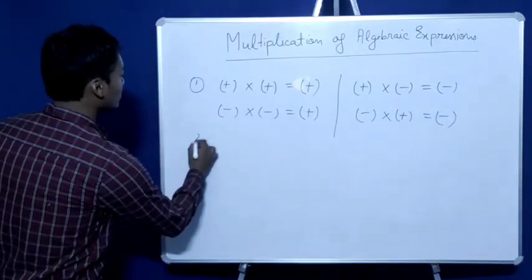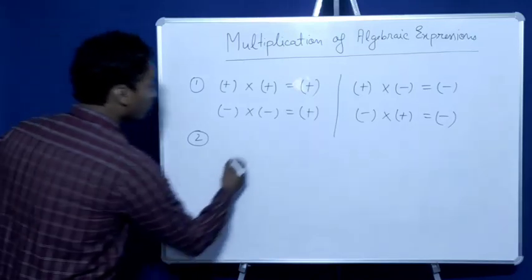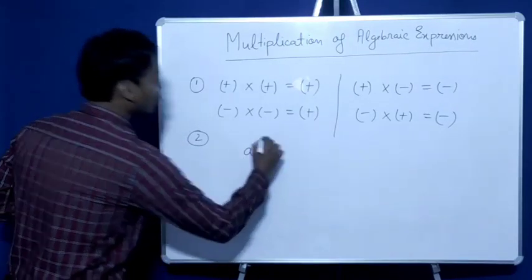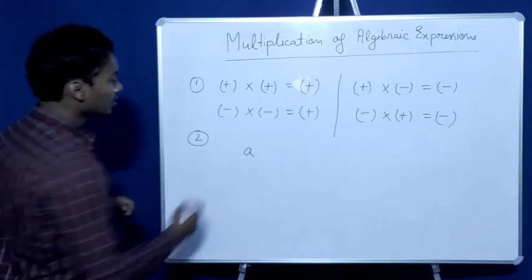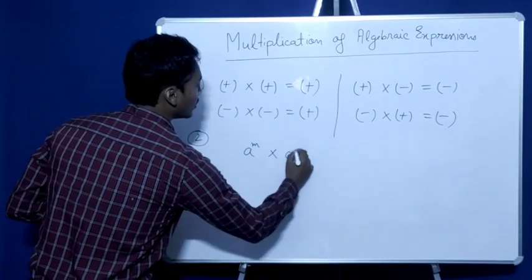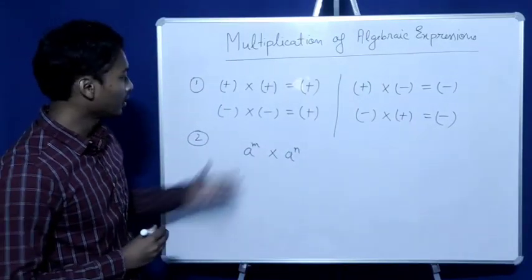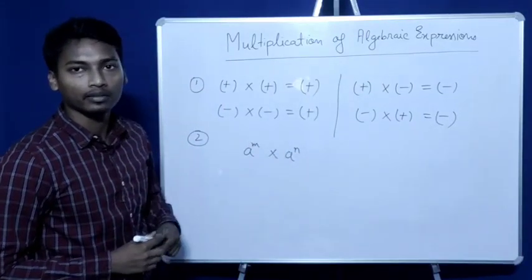Now in exponents, we have learned that if you multiply two powers with the same base, the exponents get added, right?